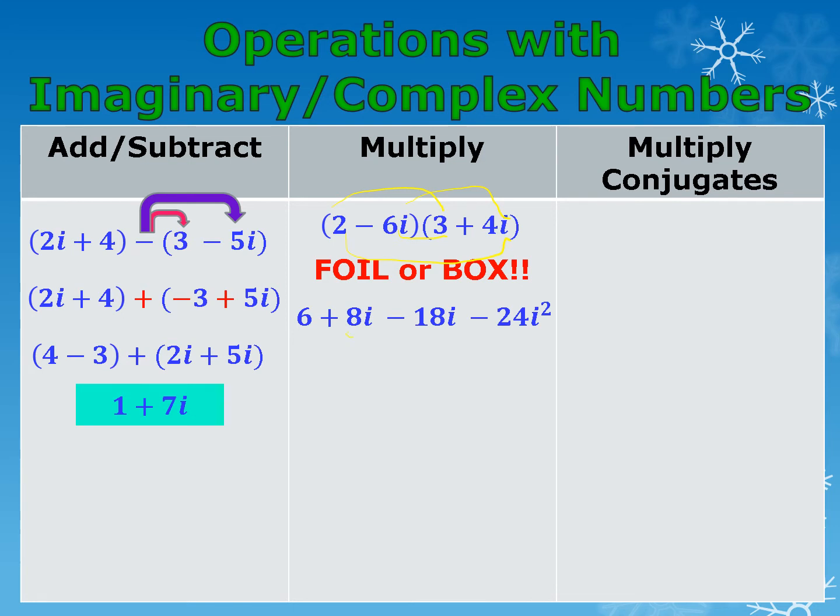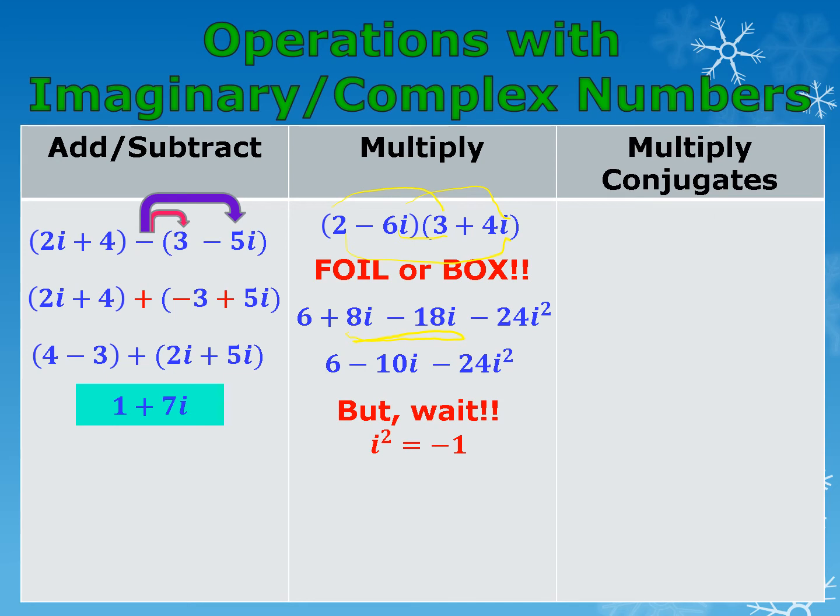Now I see we can combine some like terms right here. So 8i minus 18i is negative 10i. But wait, i squared. Think back to that second slide. What did we learn i squared is equal to? i squared is equal to negative 1.